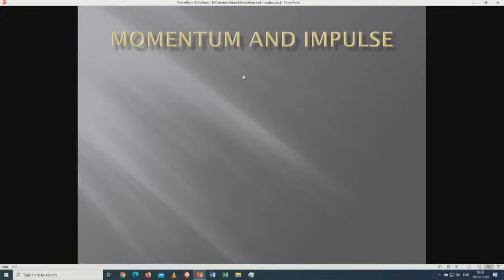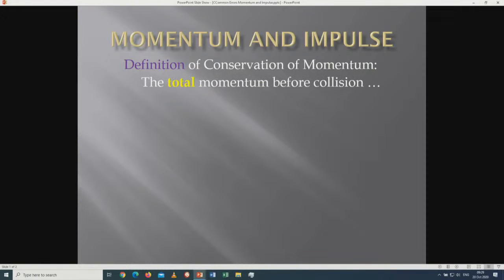And question 4 is then normally our topic on momentum and impulse. Now, again, a definition will be asked of you, and the most likely definition to be asked on momentum is the conservation of momentum, because that's the most important principle. And it's very important that you look at that word total.